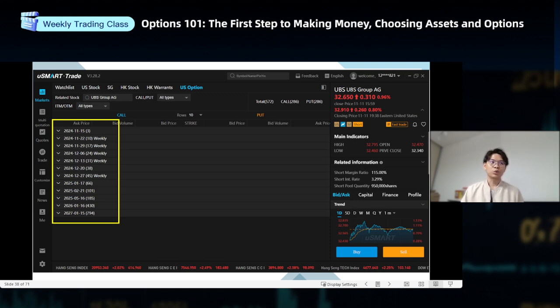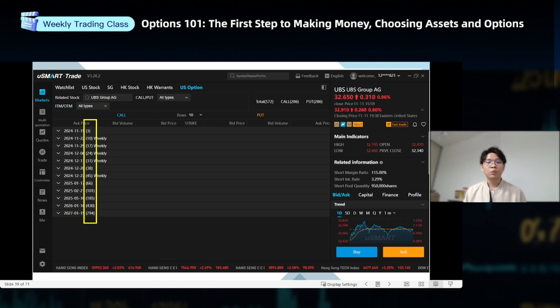Now, we need to filter by the expiration first. The number in the bracket is the days until expiration. For example, for the first one, the number in the bracket is 3, which means they have 3 days left until expiration.